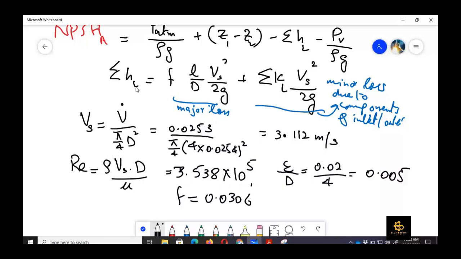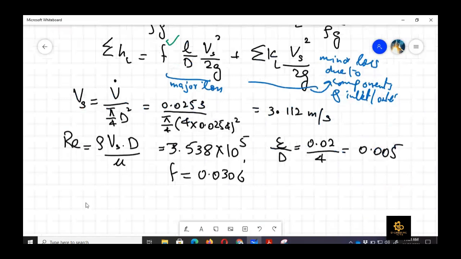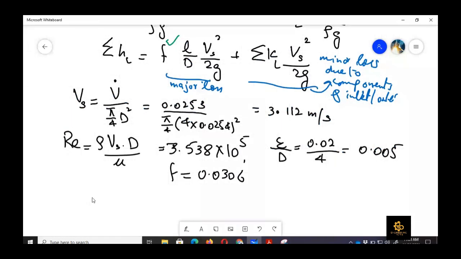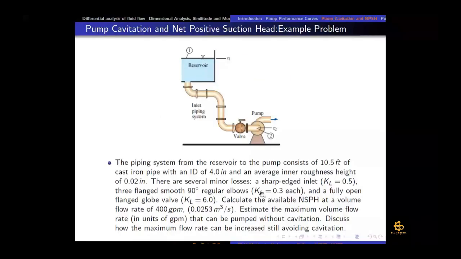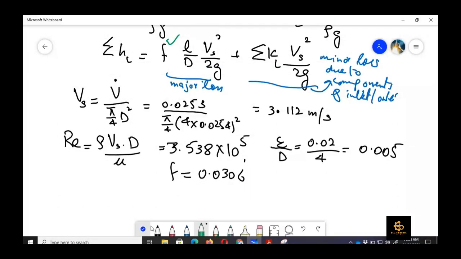So as we have calculated here, this is good. The only thing left is the summation of KL, which is the loss coefficient of the components. If we go through the statement again, there are losses given. KL is 0.5 for the sharp edge inlet. So summation of KL would consist of 0.5, which is due to the inlet.